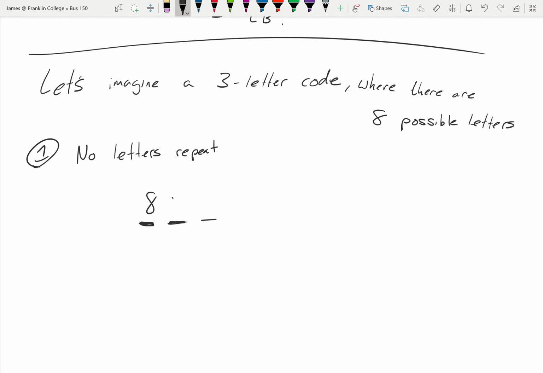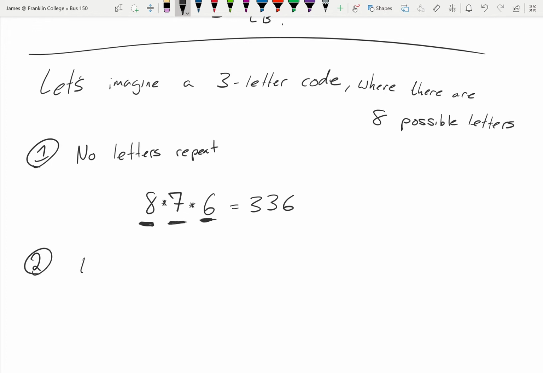So that means that there are going to be 7 letters available in the second spot. Alright, so given that 2 letters have been chosen, how many letters are available in the third spot? 6. If we multiply these 3 numbers together, that will tell us the total number of 3-letter codes available where no letters can repeat.